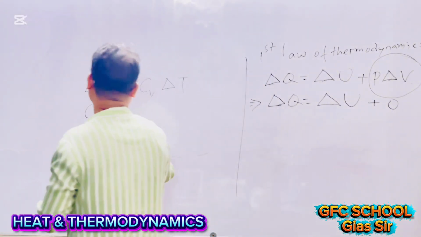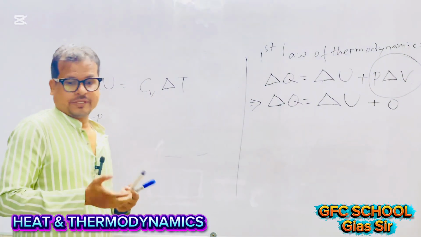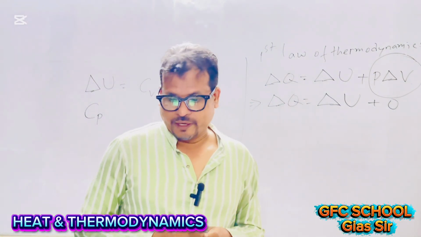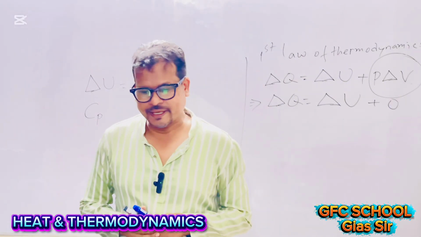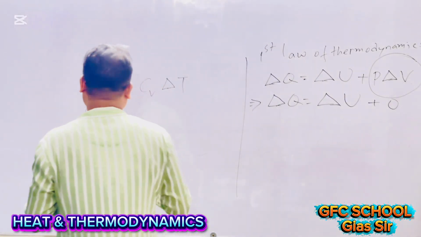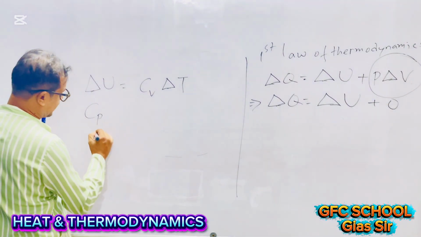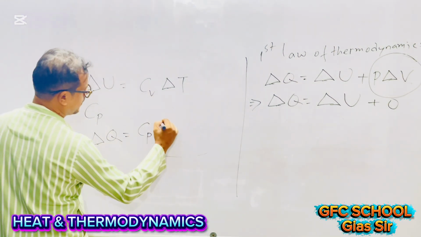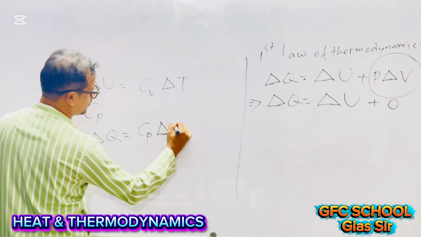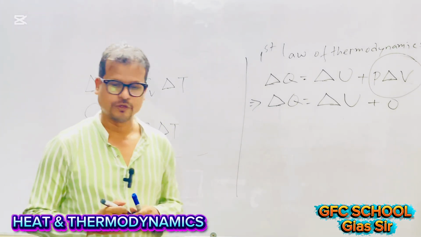We can say del Q equal to Cp del T. This correlation also we can draw.